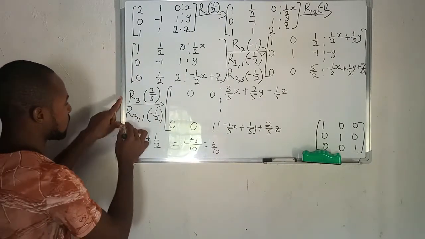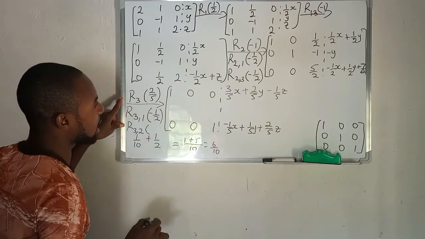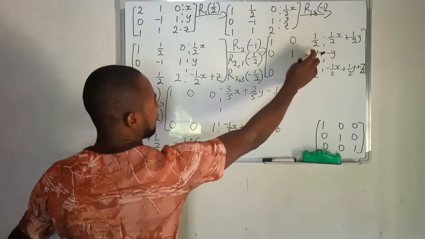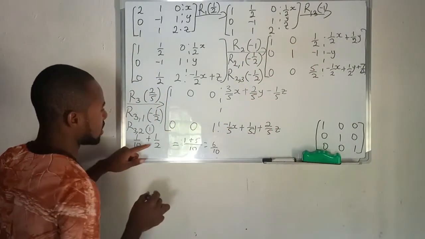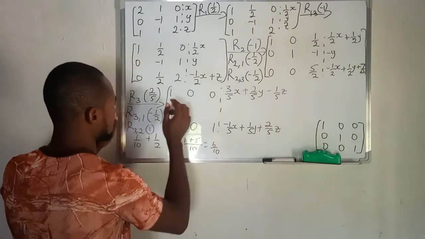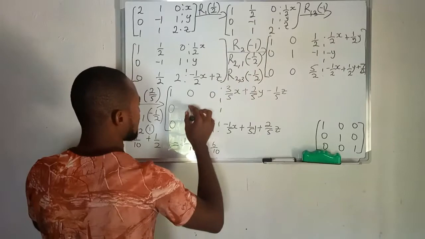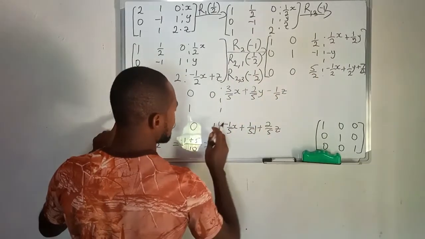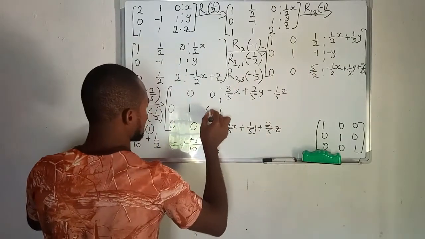And then we'll go to the second row. We use the third row to reduce the second row, and right here we'll have minus 1, so we'll be multiplying it by 1. And so we'll multiply this by 1, we add it to what we have here, we'll have 0, and here we'll have 1. Multiplying this by 1, we have 1 plus minus 1, we have 0 here.